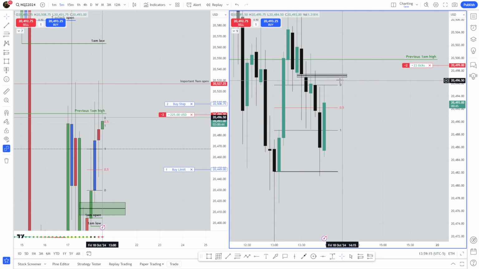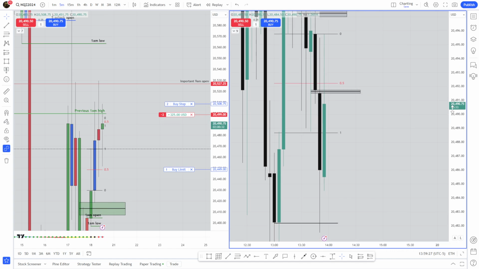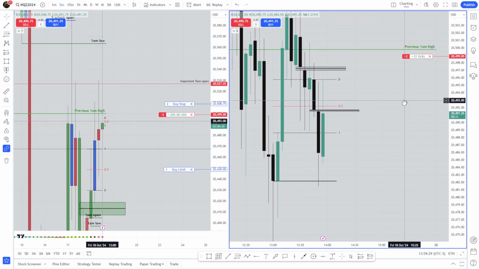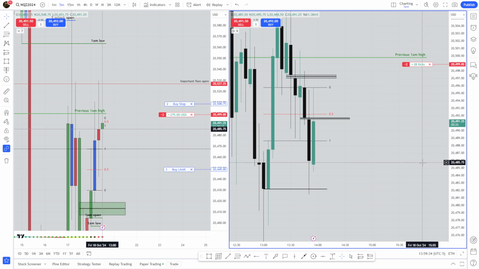Okay, another gap. Those are the gaps in price. Another gap right here. Closes, gaps down.